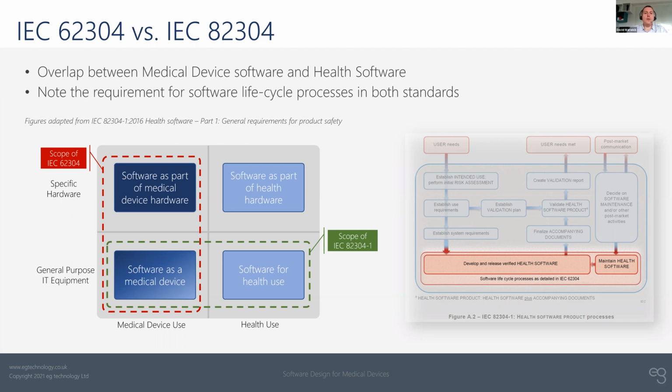Now there's an overlapping standard with a very similar name called 82304, which is about health software. So that's software which has a wellness aspect to it, or a physical well-being, health support type software, but doesn't actually fall under the definition of a medical device.